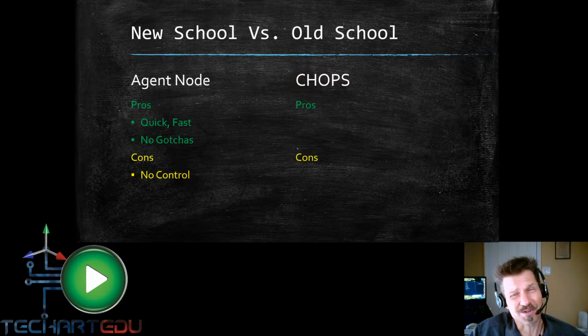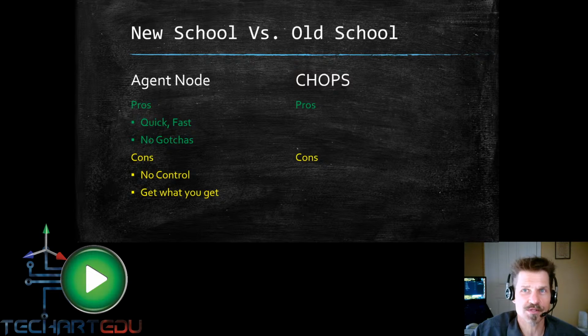You don't know what it's doing under the hood, and if there's ever a problem, you're stuck with what you get. Unless you have a contract with Side Effects and say, hey, how about changing this aspect of the agent node, they're probably not going to get it to you that fast, unless you're a high-paying client.